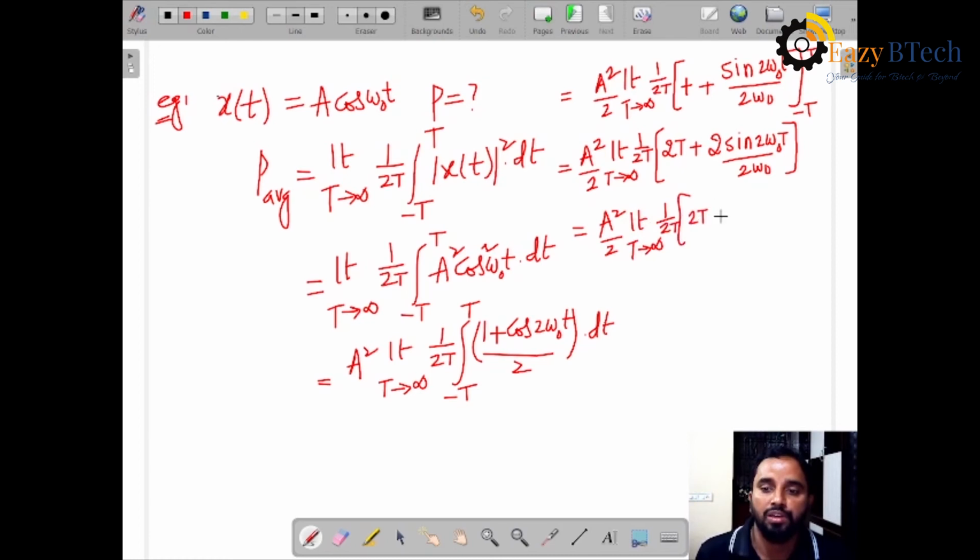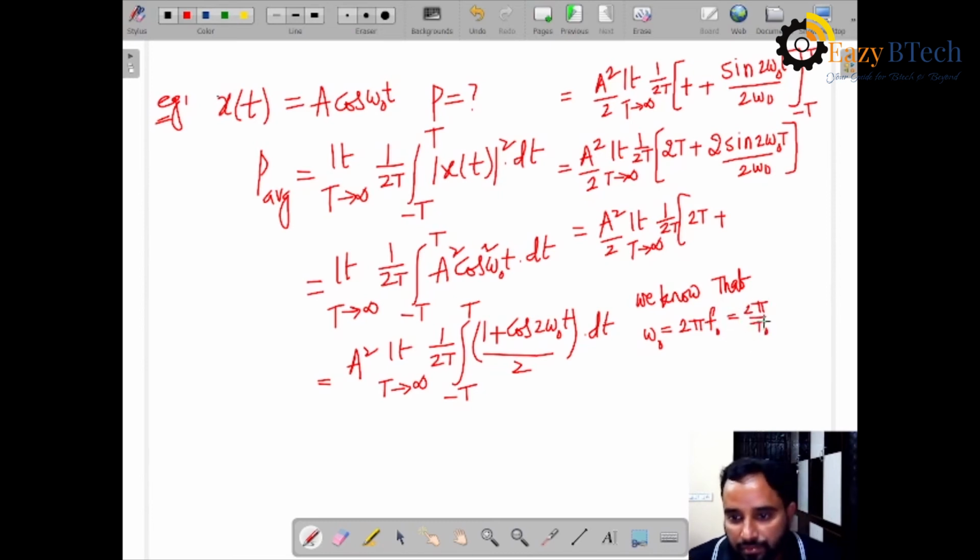Here we have 2T plus, and here we have the relation between omega naught and time period. They are reciprocal. What we know? We know that omega naught is equal to 2 pi f naught, and we can write it as 2 pi by T naught, because f naught is 1 by T naught, right?